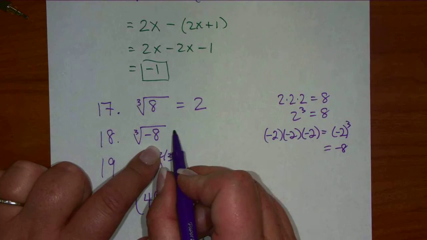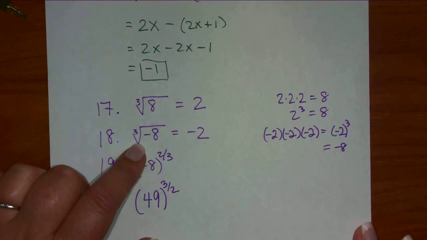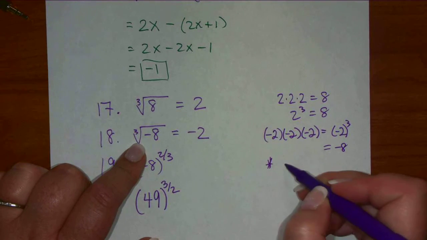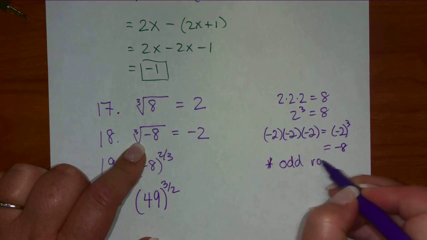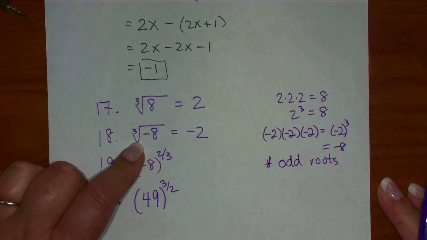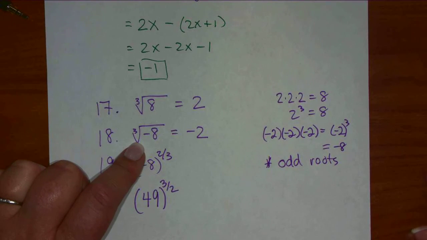So this is negative 2. So you should write that down. Odd roots. All right? So odd roots can be negative. You can plug anything into an odd root. That would be cube root, fifth root, seventh root, 365th root, right?